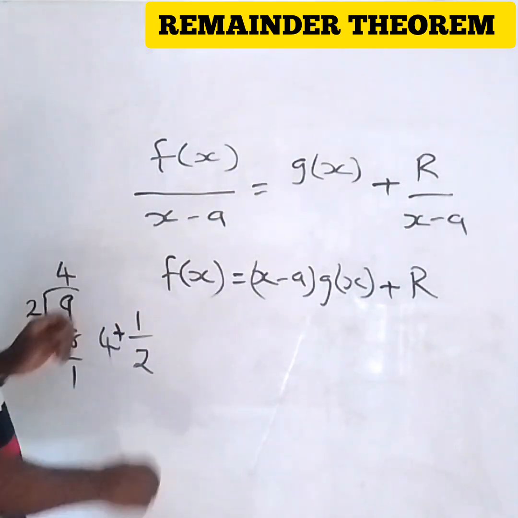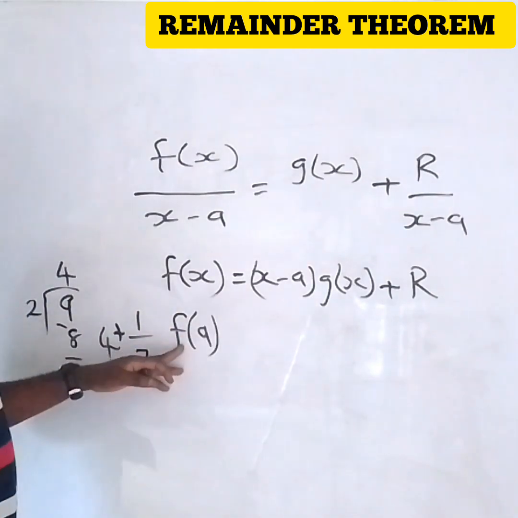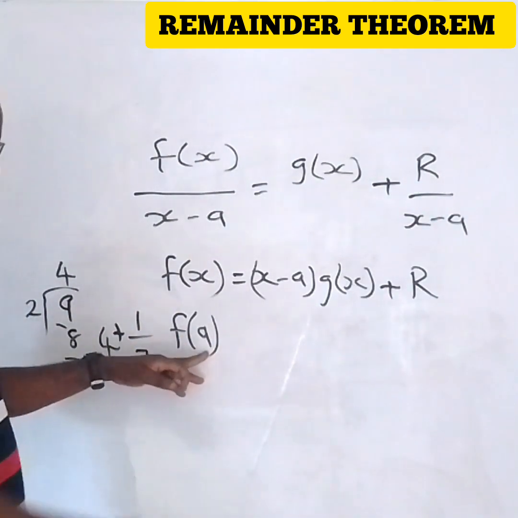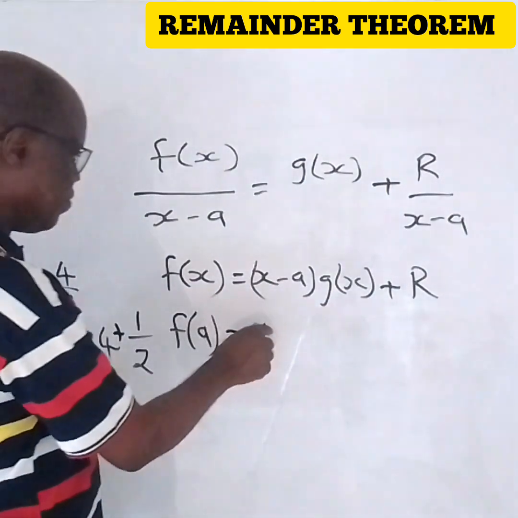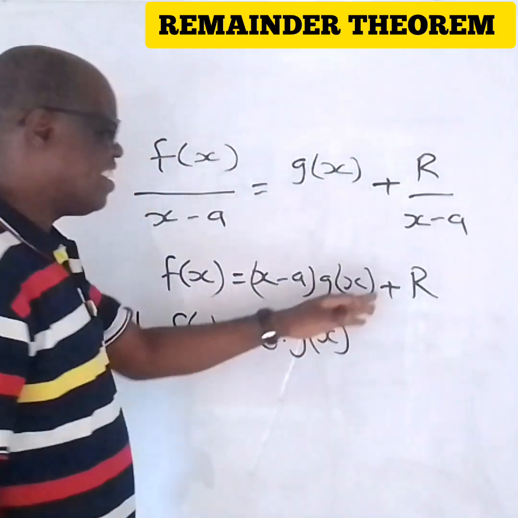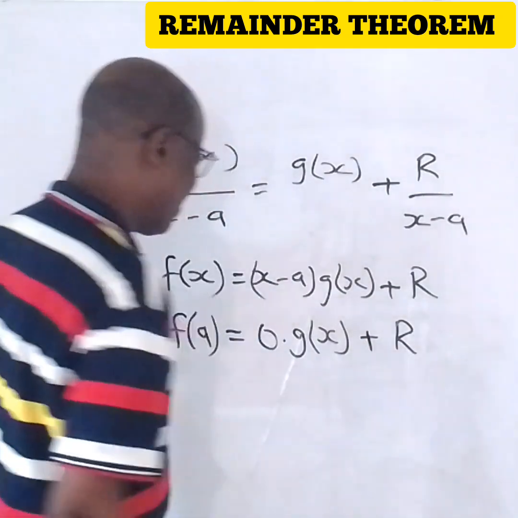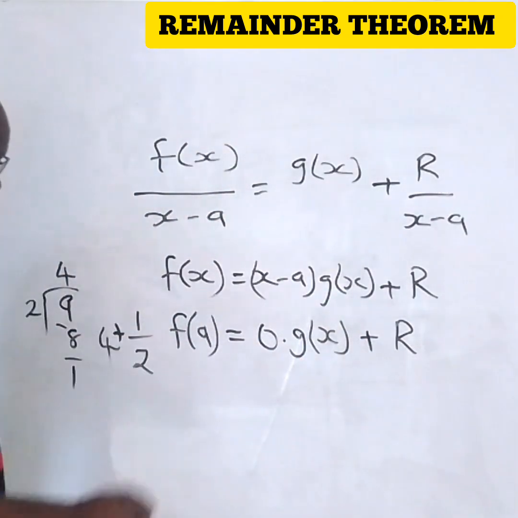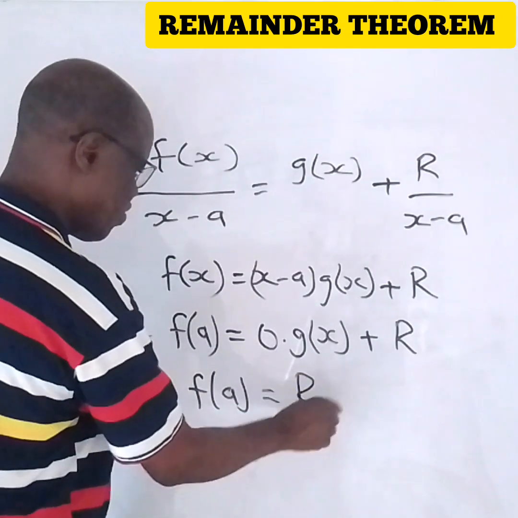Now, if you now have f at a, just put a here. A minus a is 0. Then you have plus r. 0 multiplied by this is 0. Therefore, f of a equals r.